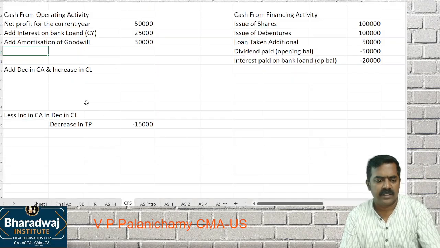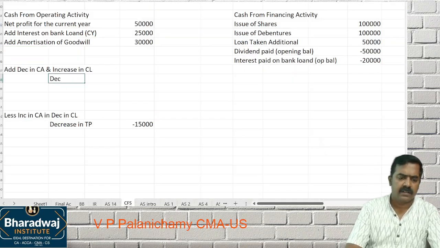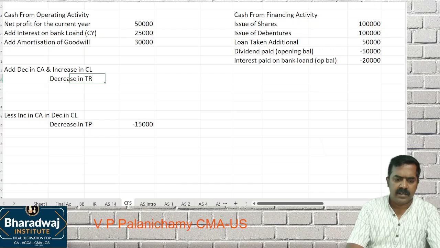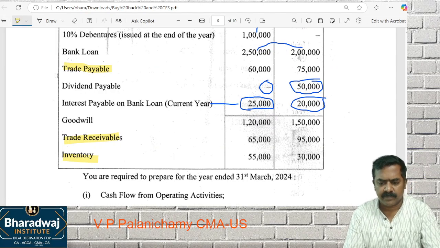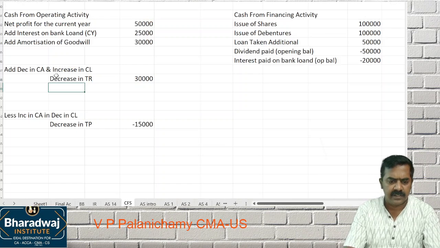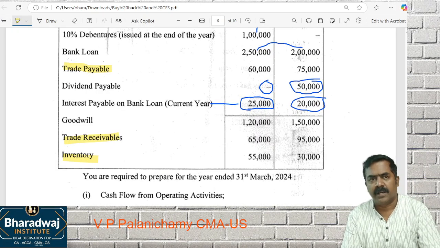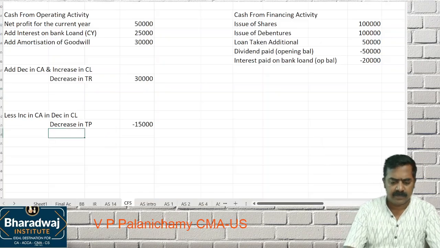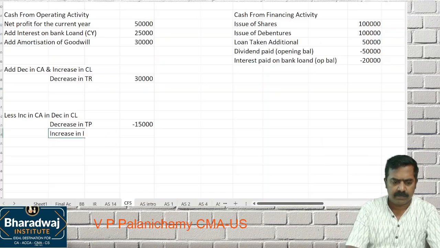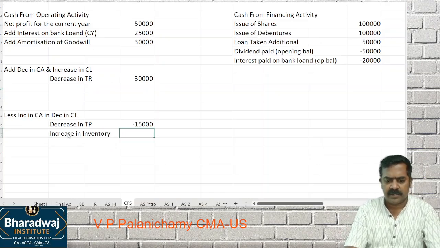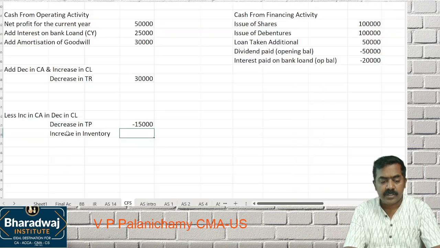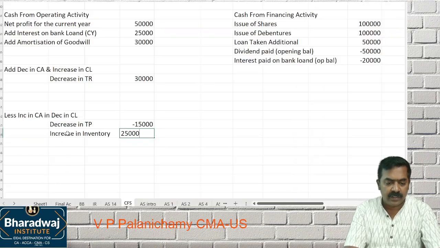Decrease in current asset. Decrease in trade receivable. How much decreased? 30,000 decreased. Then inventory, opening balance 30, closing balance 55, increased. How much increased? 25,000 increased.